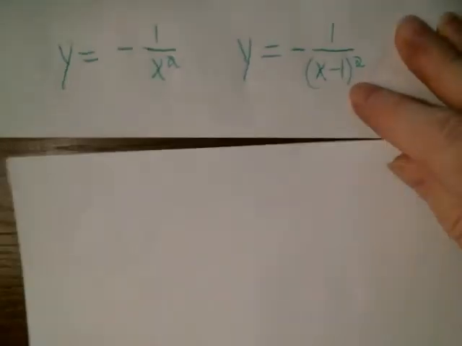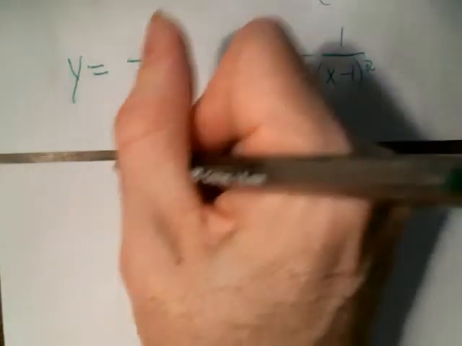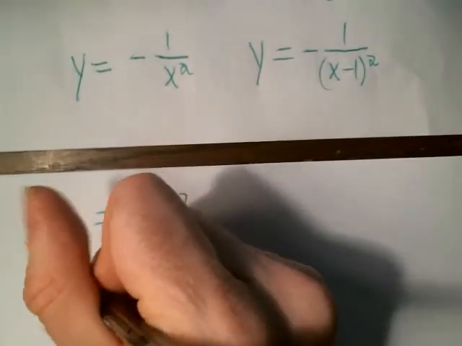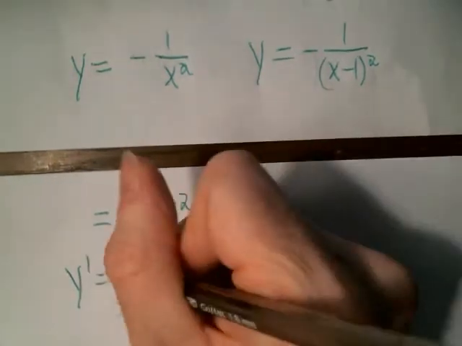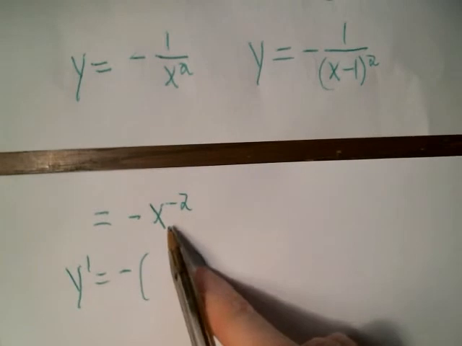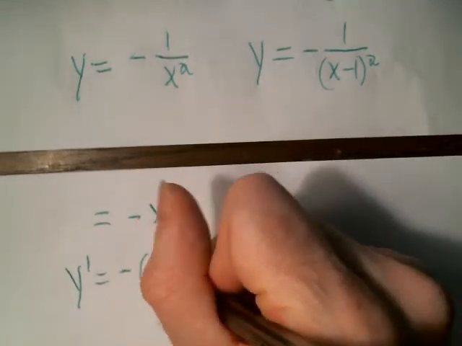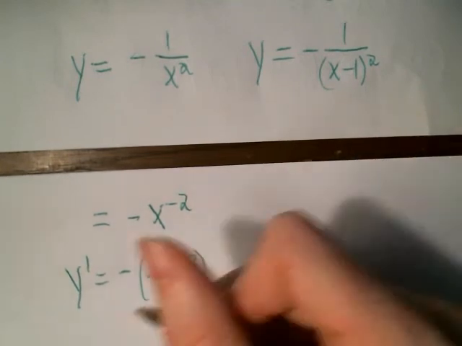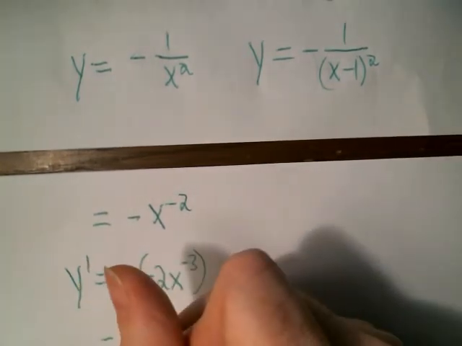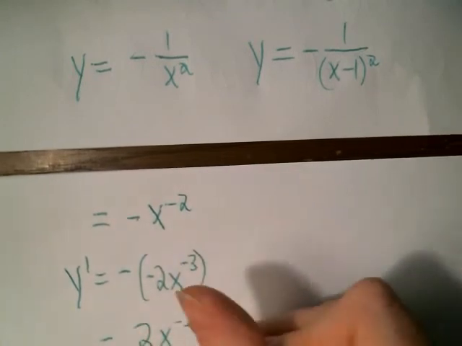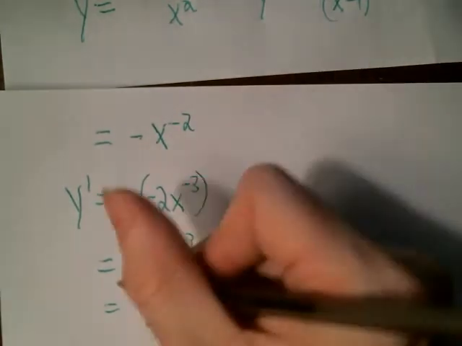Well, the derivative of the first guy, we can rewrite using an exponent. So this is negative x to the negative 2. Its derivative, y prime, leave the negative out there by itself, and then take the derivative of this. So that'll be negative 2x to the negative 2 minus 1, which is negative 3. So that'll equal negative, negative 2 is positive 2, x to the negative 3, and then drop the negative 3 exponent downstairs.